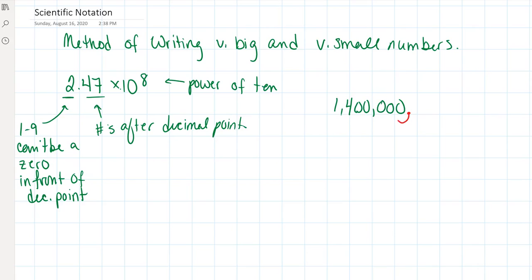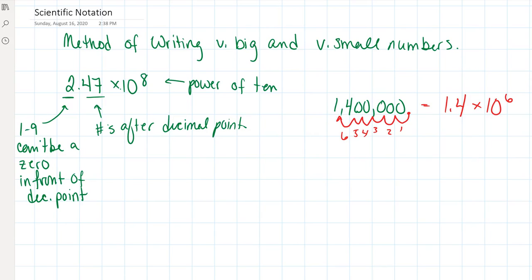So I move my decimal point over, and I rewrite my number. In this case, I made my number smaller, so I have to multiply it by a positive power of 10. And the number of places I moved over is the exponent that I put next to that 10.